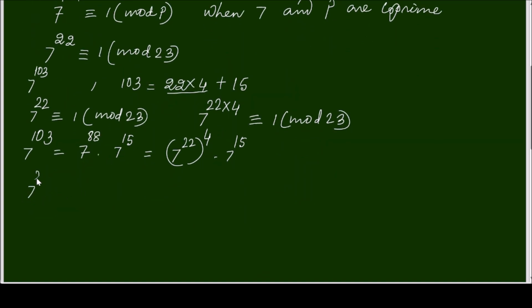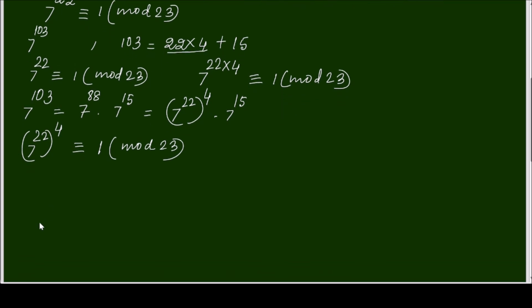So 7 power 22 power 4, that means 88, is congruent to 1 power 4, that is 1 modulo 23, that means the remainder will be 1 only. Now coming to 7 power 15. For 7 power 15, we'll write that 7 power 2 is 49, that is congruent to 3 modulo 23. So 23 times 2 is 46, it leaves the remainder 3.